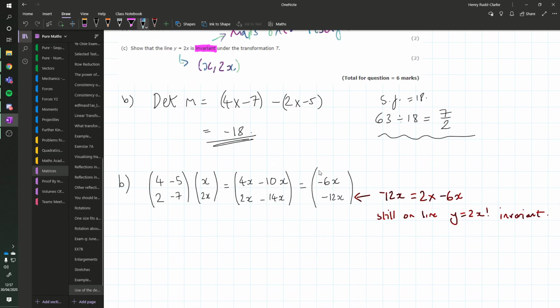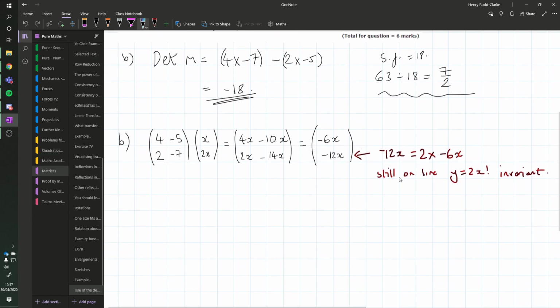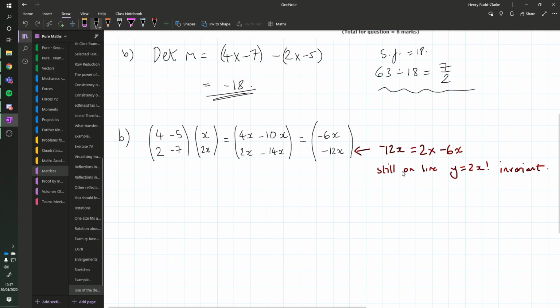So the y coordinate here is double the x coordinate. It's still on the line y equals 2x. You could also show this by factorising minus 6, which would give you minus 6 times (x, 2x) again. So it's the same line, it's just being scaled along. So it's invariant, it maps to itself.